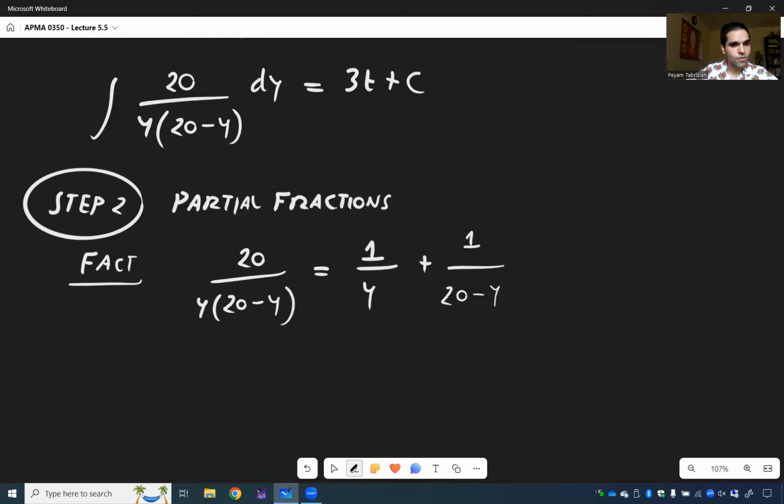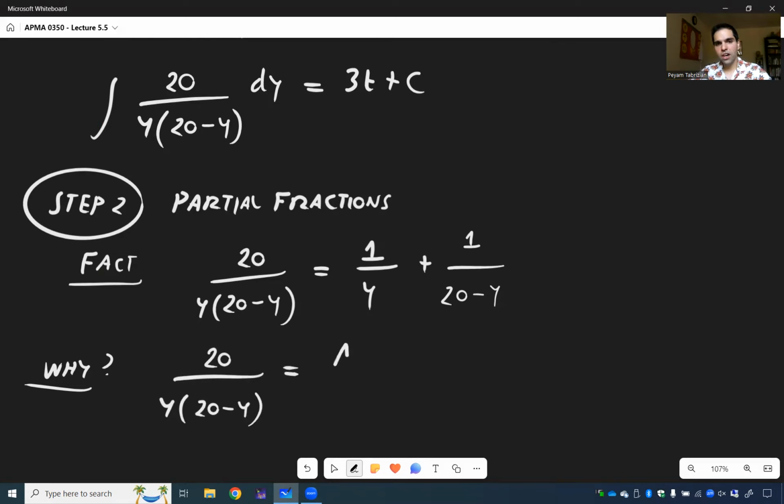And you may wonder, why is that true? No pun intended. So 20 over y times 20 minus y, you split it up as a over y plus b over 20 minus y, just as is usual in partial fractions.